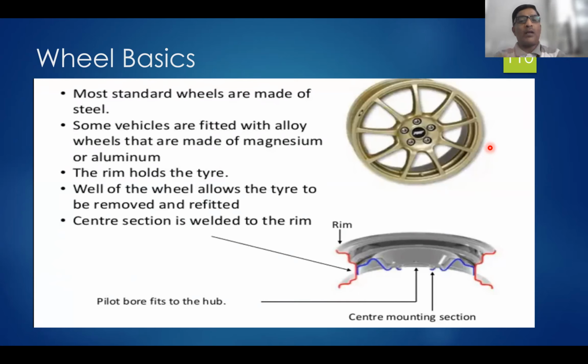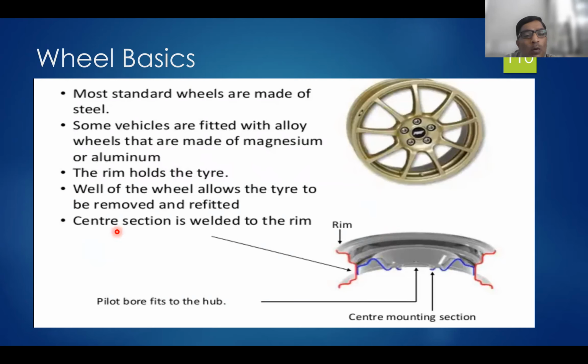Some of the vehicles are fitted with alloy wheels that are made of magnesium or aluminum. So this is the rim or disc, this is an alloy wheel. It can hold the tire and it can become a wheel.